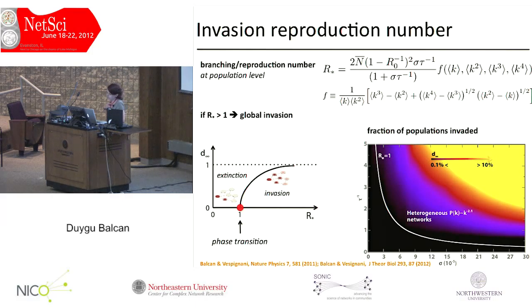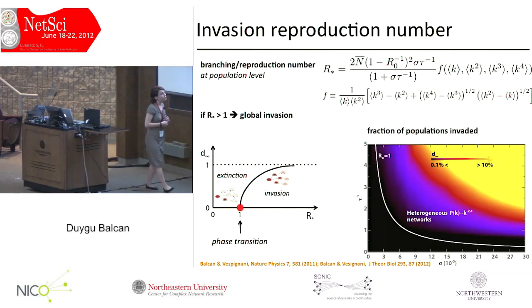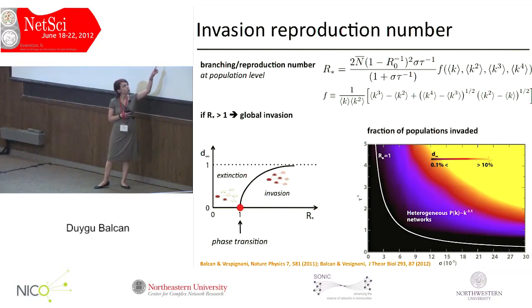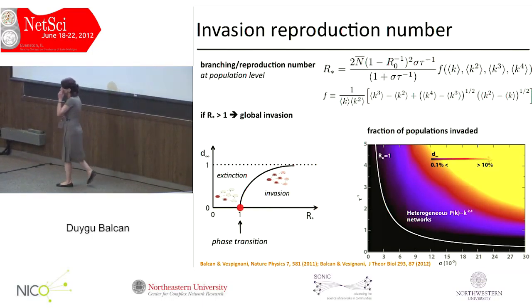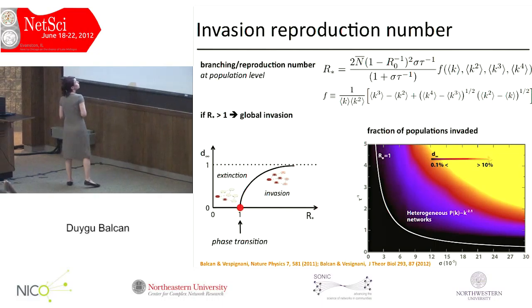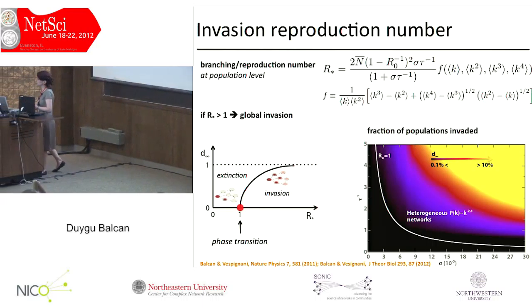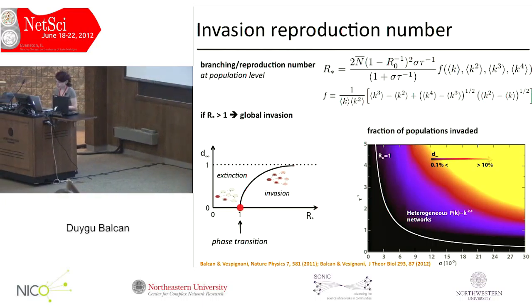Here in the figure I am showing the impact of diffusion rate. So this is the rate at which an individual commutes to one of the neighboring subpopulations, and in the y-axis we have the average duration an individual spends in the destination.